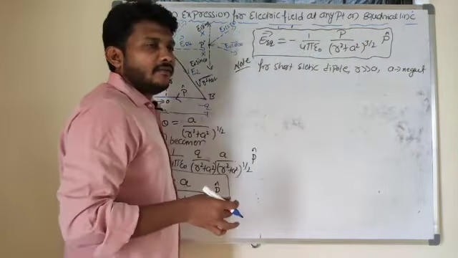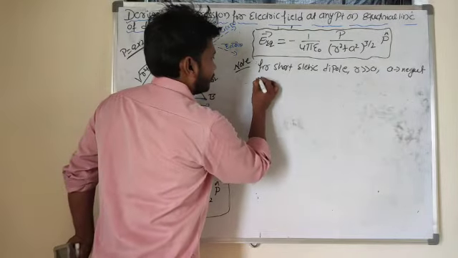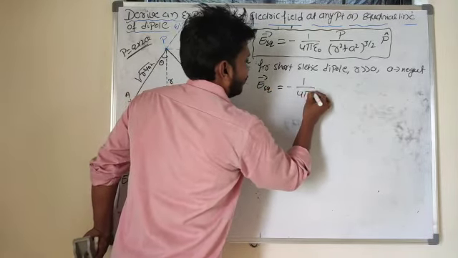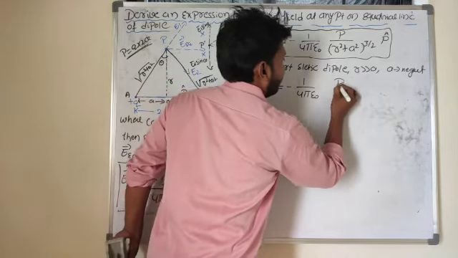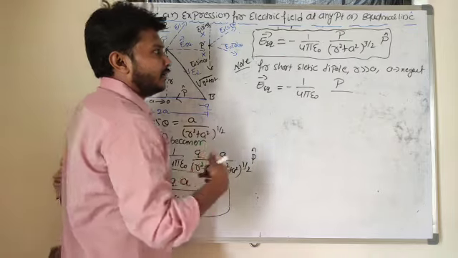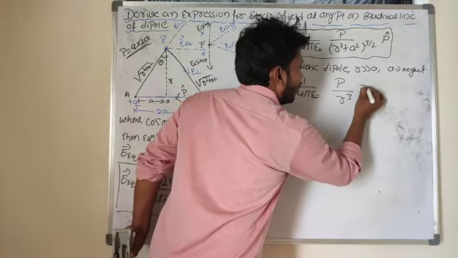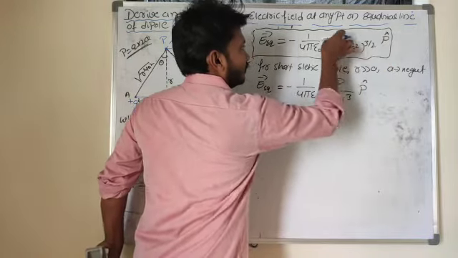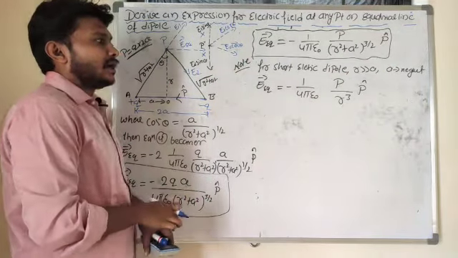If you neglect a from this equation, electric field at equatorial line is minus 1 by 4 pi epsilon naught p divided by r square whole to the power of 3 by 2, so the square gets cancelled, and this will be r cube into p cap.